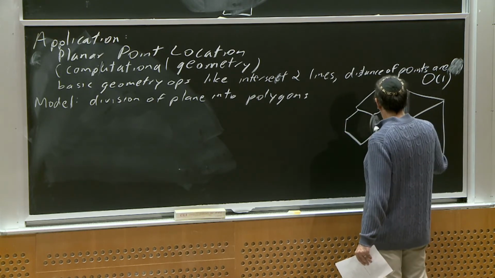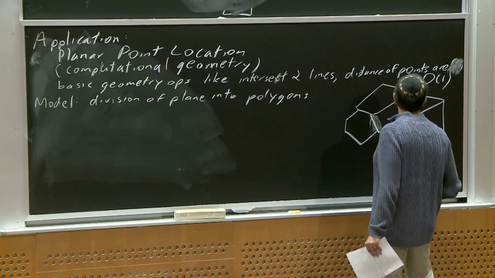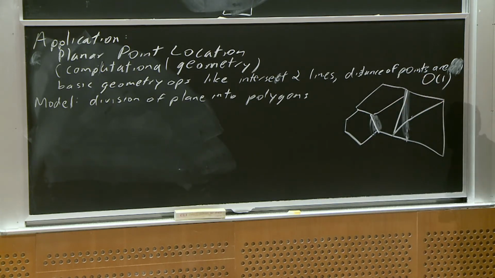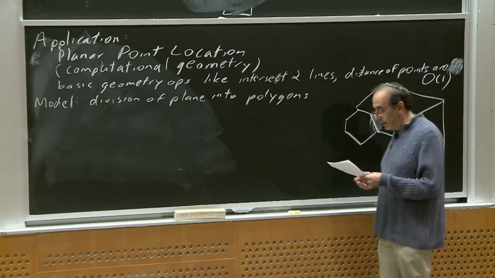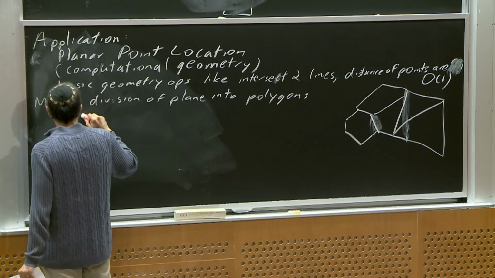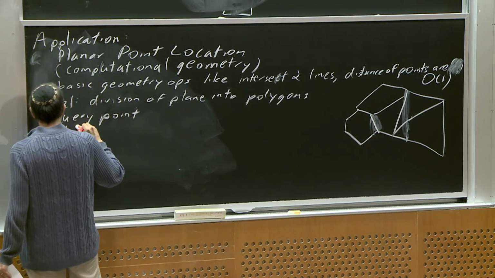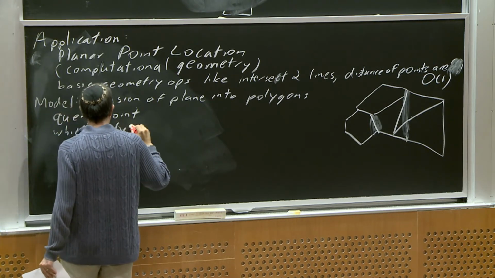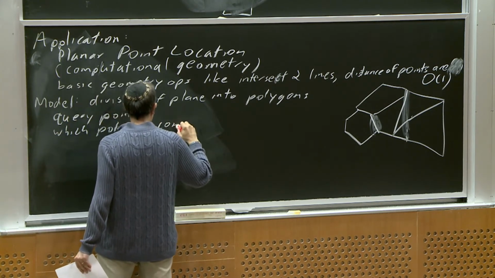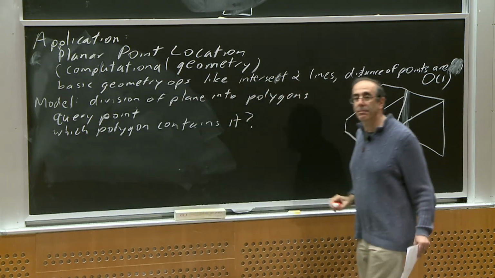That will confuse the algorithm. All right, so we have this division of the plane by line segments, and we get a query point. And we have to say which polygon contains it.